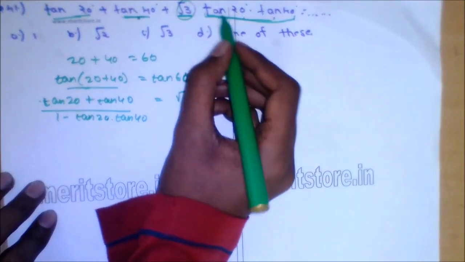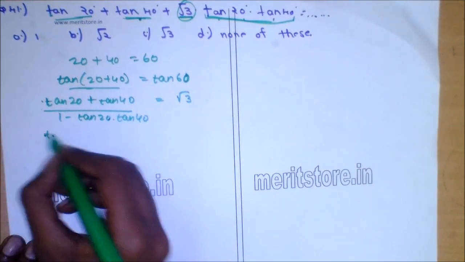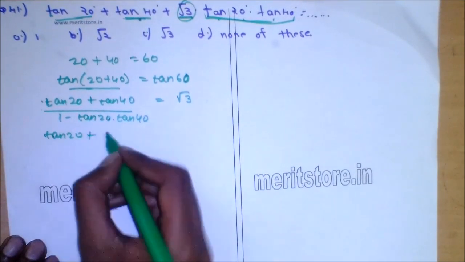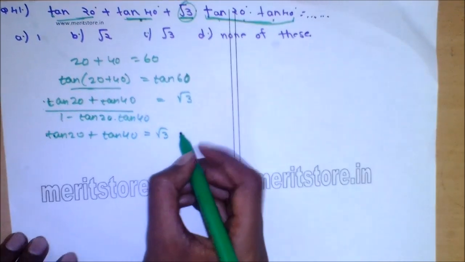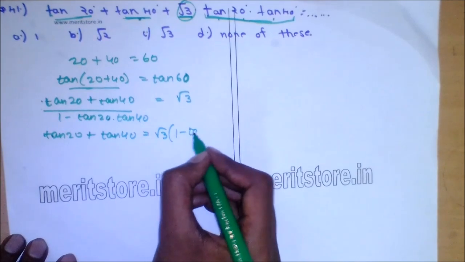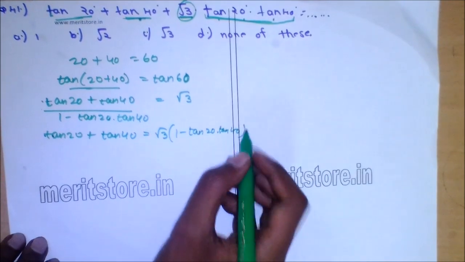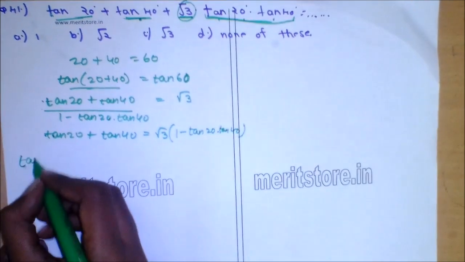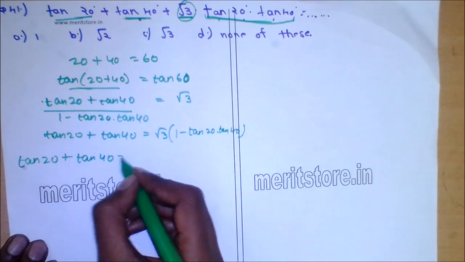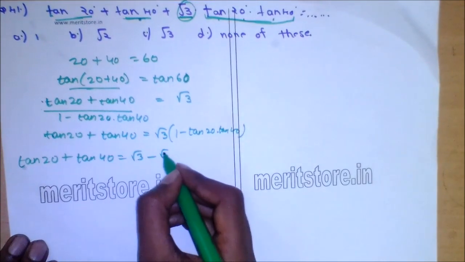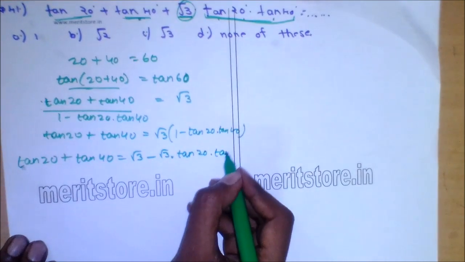So we got this term, and this is root 3. So we got this term separately. So now we cross multiply. Tan 20 plus tan 40 is root 3 into 1 minus tan 20 into tan 40. Expanding it, we get tan 20 plus tan 40 is root 3 minus root 3 into tan 20 into tan 40.